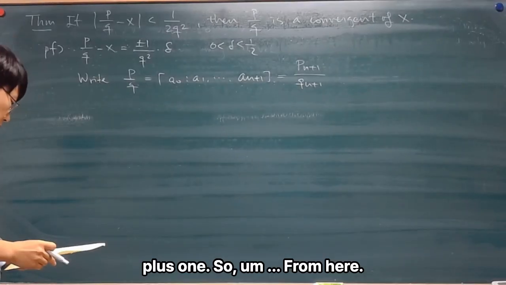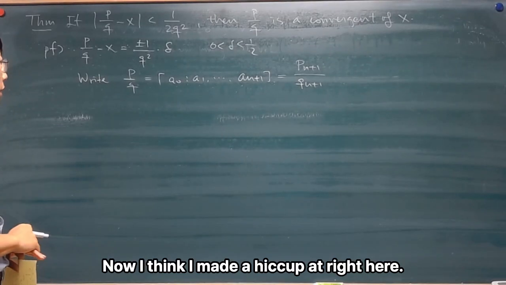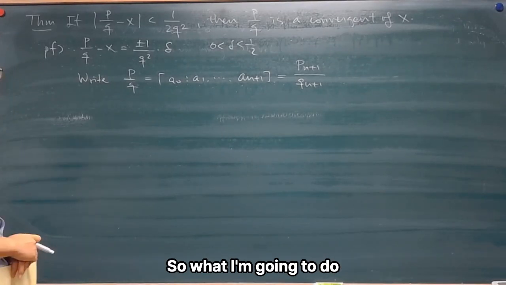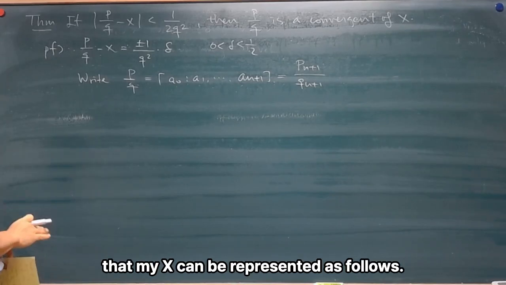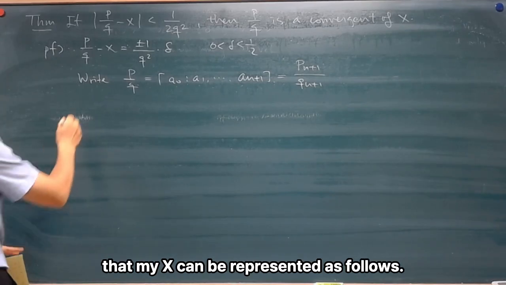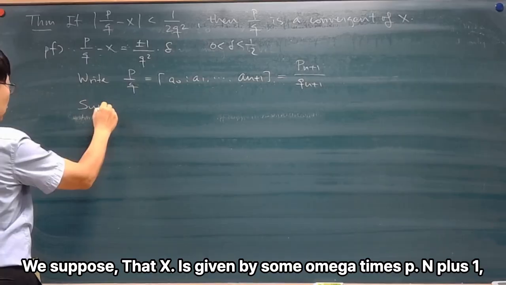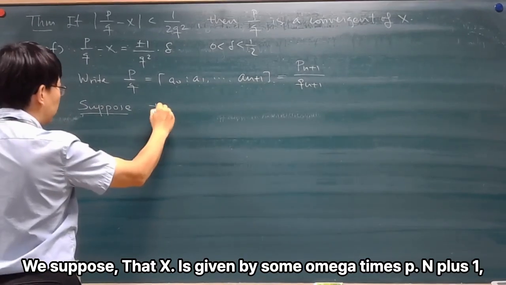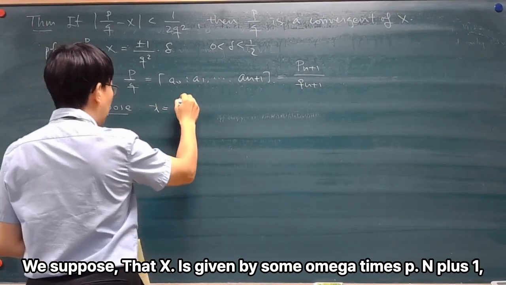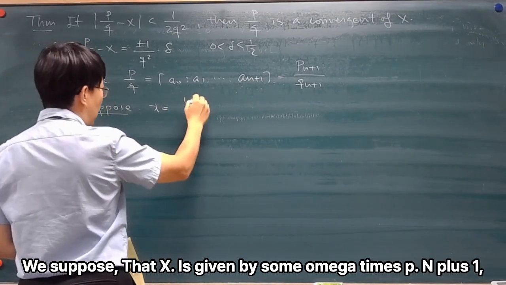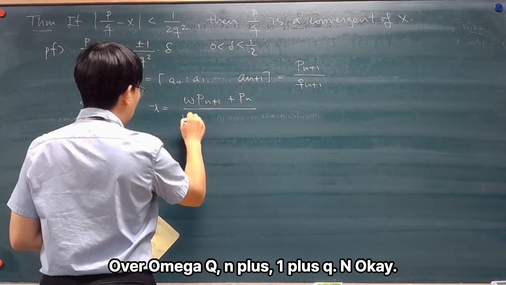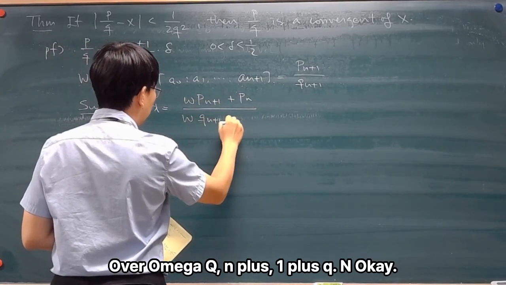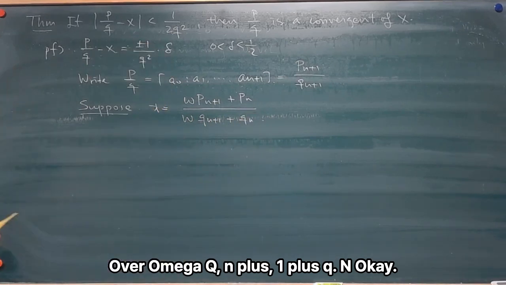So from here, now I think I made a hiccup right here. What we're going to do is assume that x can be represented as follows. We suppose that x is given by omega times P_{n+1} plus P_n over omega times Q_{n+1} plus Q_n.